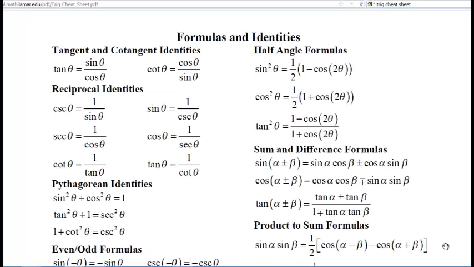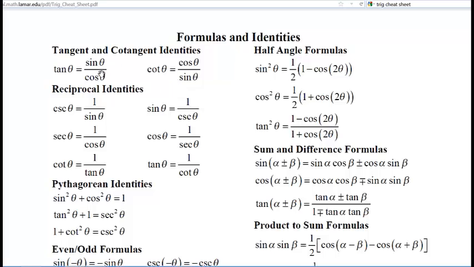Okay, so let's start with our reciprocal identities. Honestly, even though there's 6 of them listed, if you just know the main 3, that sine is related to cosecant, cosine is related to secant, and tangent's related to cotangent, then you should be fine. We got our quotient identities, which are those top 2, with tangent equals sine over cosine and cotangent equals cosine over sine.